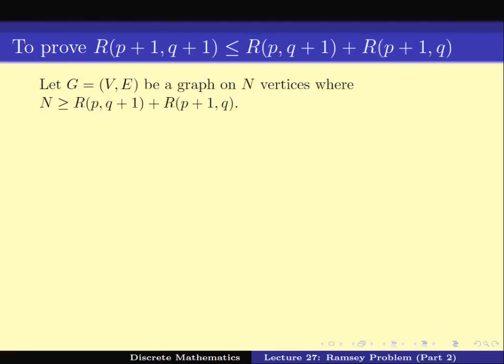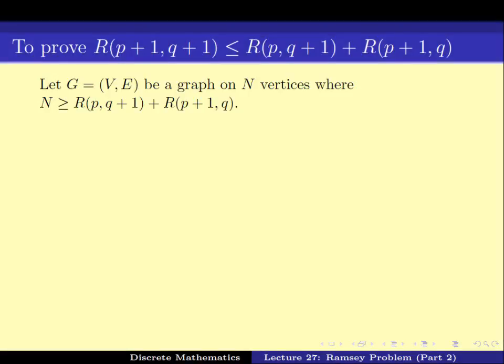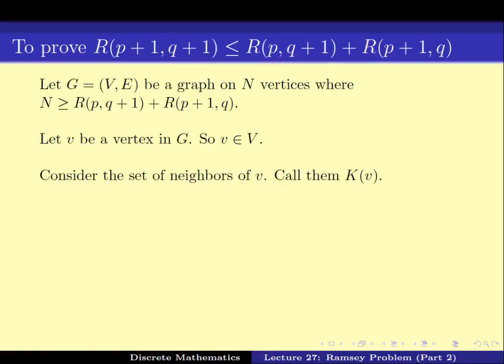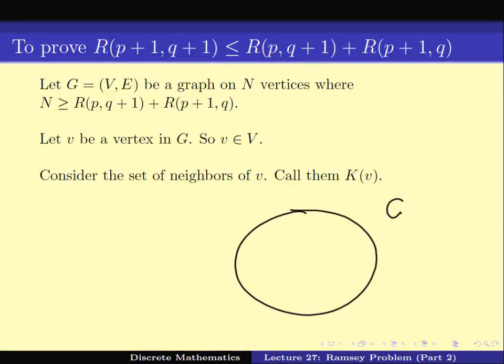So to prove this, let's start with a graph on n vertices where n is bigger than what we just promised, which is R(p,q+1) plus R(p+1,q). Now take any vertex v in the vertex set and consider the neighbors of v. So how does the graph look? Here you have the graph G. Here you have a vertex V. Now there are some neighbors of V, right?